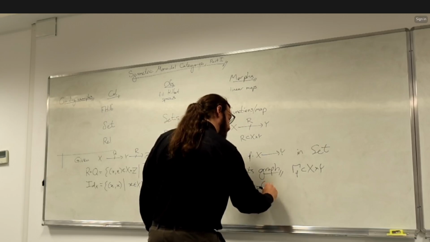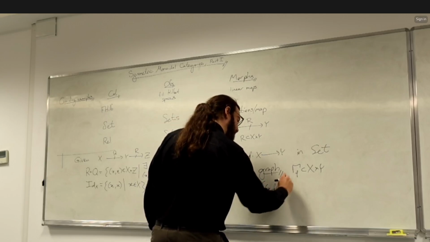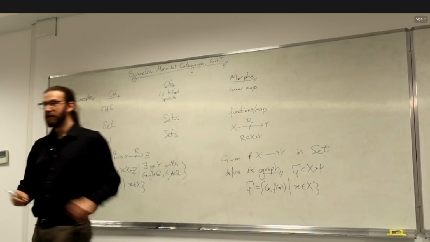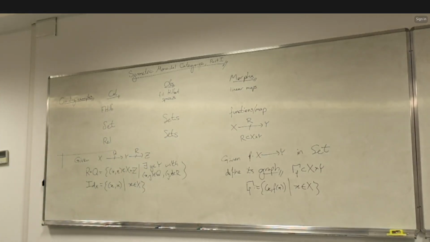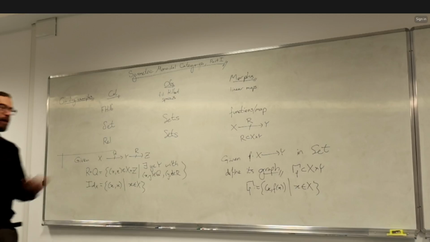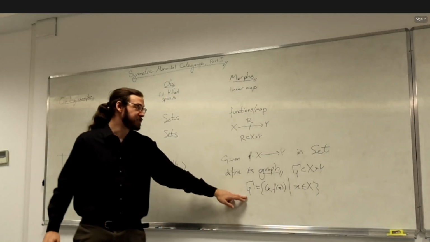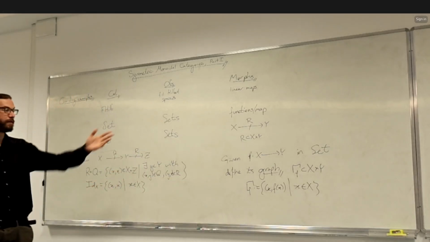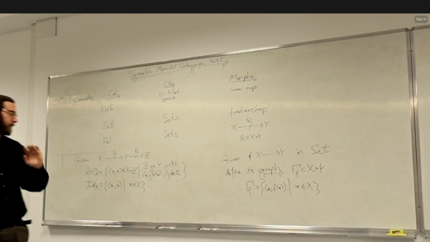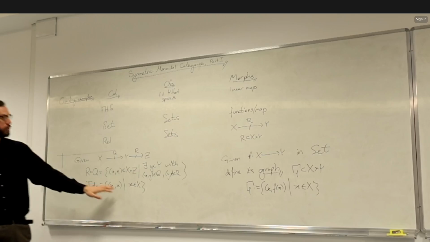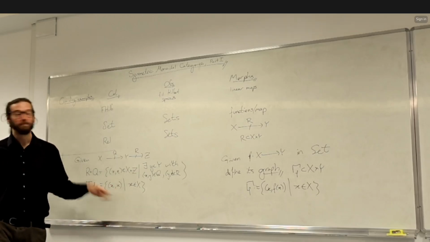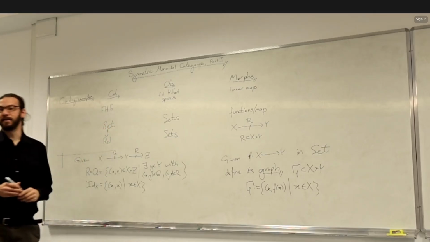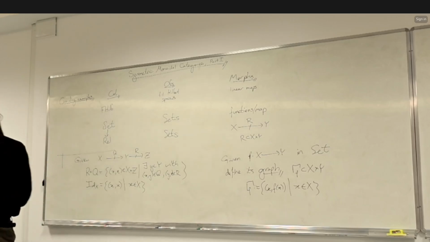It's those pairs (x, f(x)), with x in X. And a function is uniquely determined by its graph, and it's not hard to check that these graphs compose in just the same way that the functions originally would have composed. So this really does define a functor. Also, this is the graph of the identity, if you like. This really does define a functor from Set to Rel, and this functor doesn't forget any information.